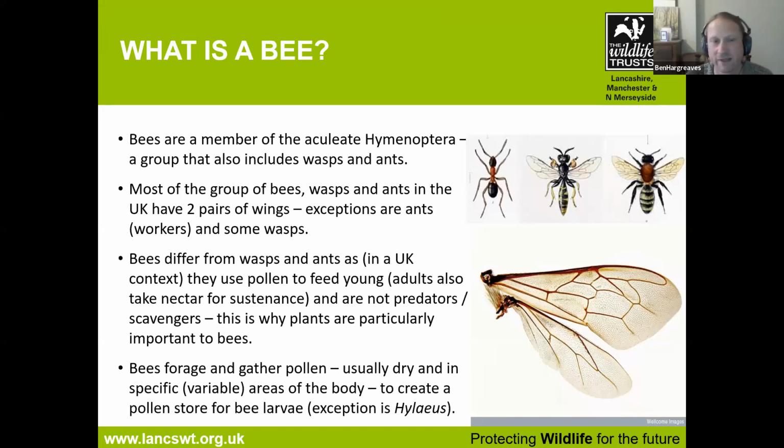It's why they're particularly plant associated. All bees forage and gather pollen, usually in the dry state and usually in specific areas of the body, but sometimes more diffusely. There's an exception that we'll come on to later.